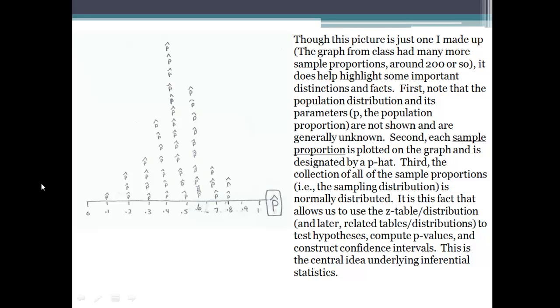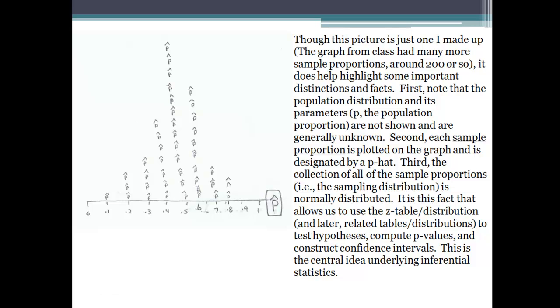After the class did that, it did have this bell shape to it. Let me stress again that each one of these is one sample proportion, but when we look at all of these together, we're going to be talking about the sampling distribution of the p-hats.